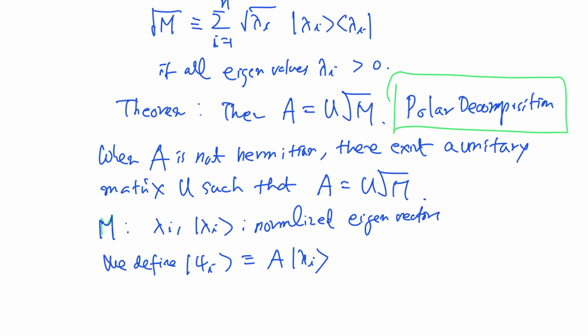And from this, we define e i as 1 over square root of lambda i times phi i.